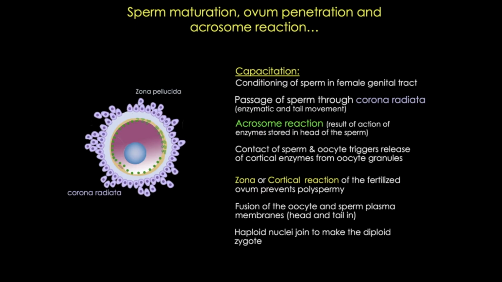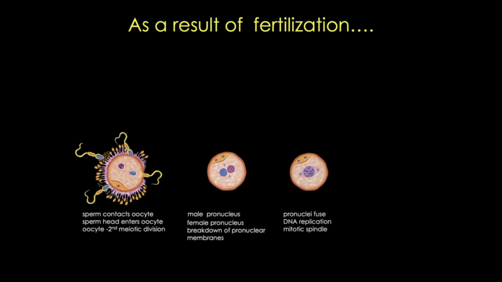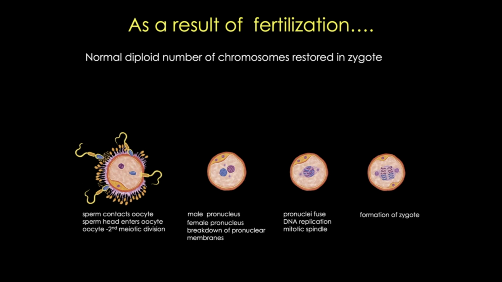Now, let's review the end results of fertilization. So again, the sperm head is going to enter the oocyte, triggering that second meiotic division, and then the pronuclear membranes will break down. The pronuclei will fuse, DNA replication will occur, and then we have the formation of the zygote.